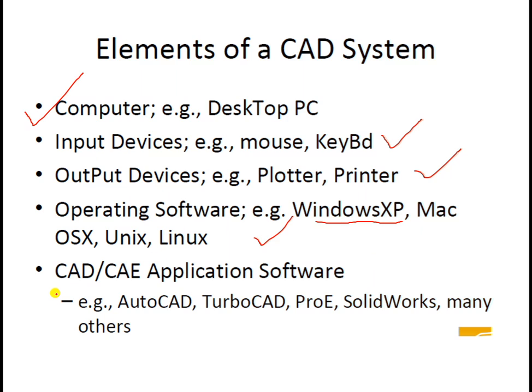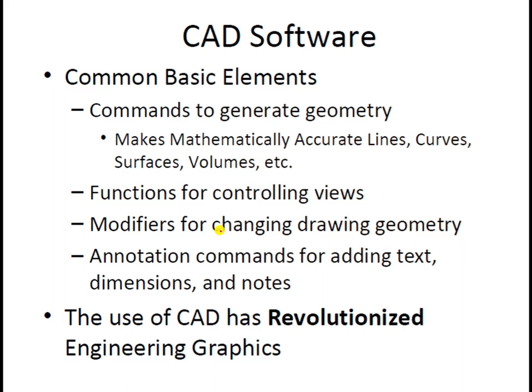As CAD and CAE applications, we can have the AutoCAD software, the TurboCAD software, and other computer aided engineering softwares like ProE as well as SolidWorks and many others. The basic software we are concentrating on here is AutoCAD. CAD software has commands to generate two-dimensional geometries in AutoCAD, and three-dimensional as well.